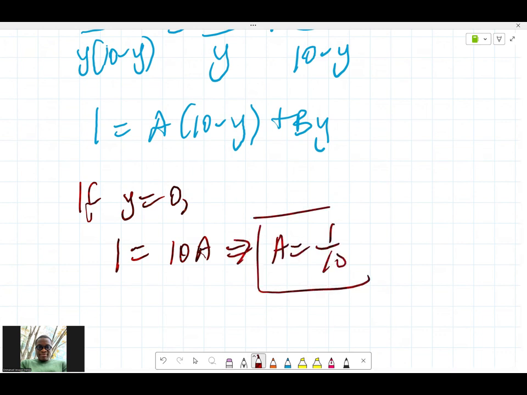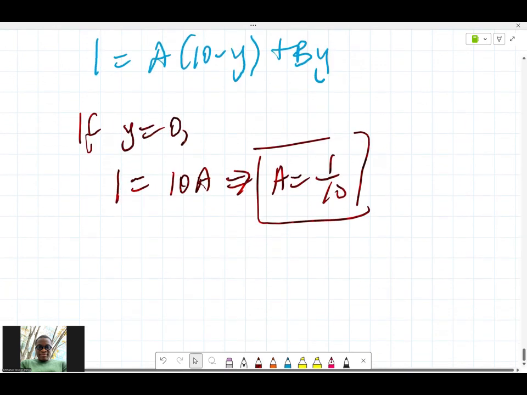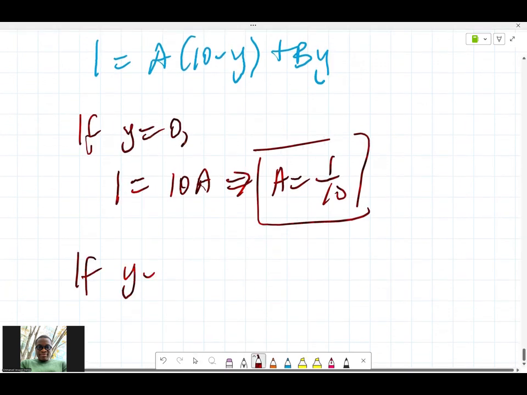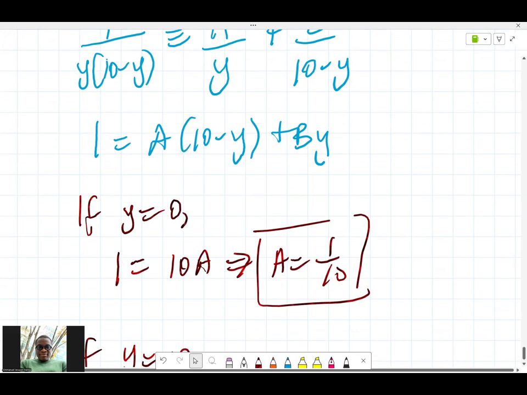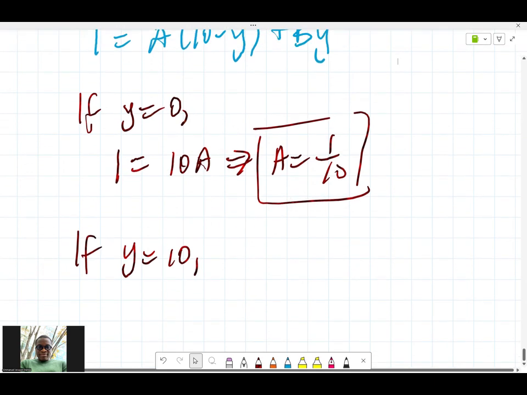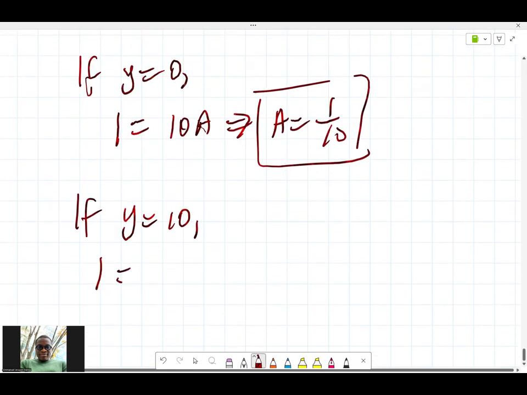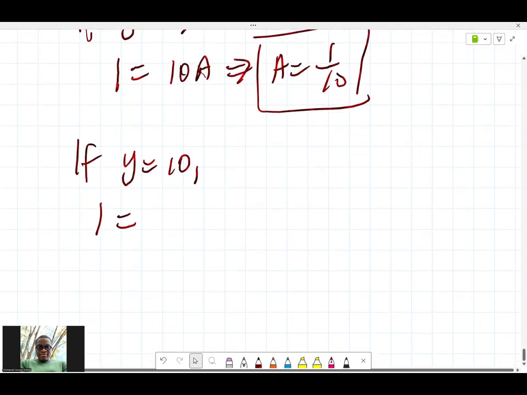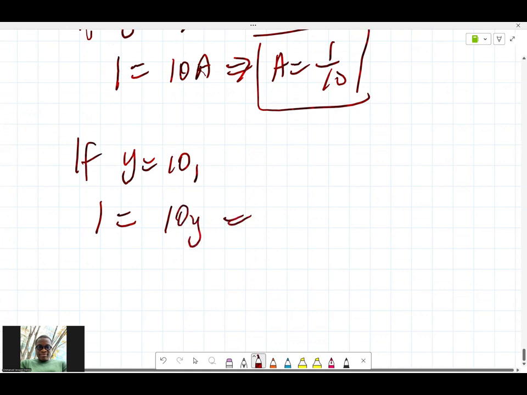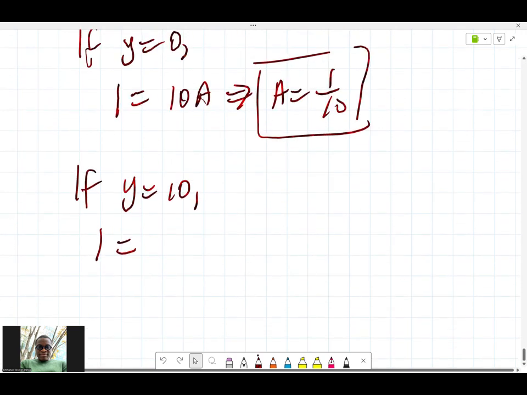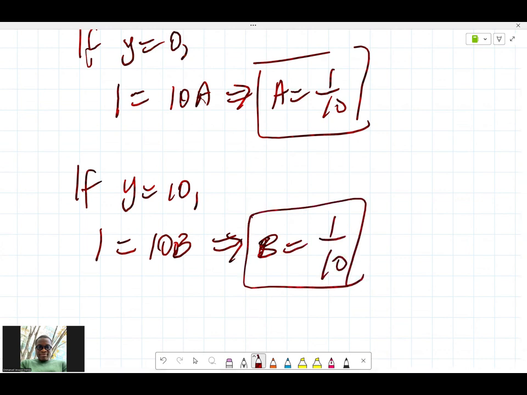On the other hand, if y is equal to 10, the reason we set y to be 10 is that 10 minus 10 goes to 0, so A can cancel. That's the idea of cover up. So we have 1 equals 10B, since y is 10 on that side. This implies that B is also 1 over 10. So we have 1 over 10 for each of them.